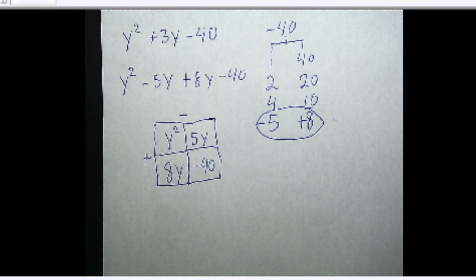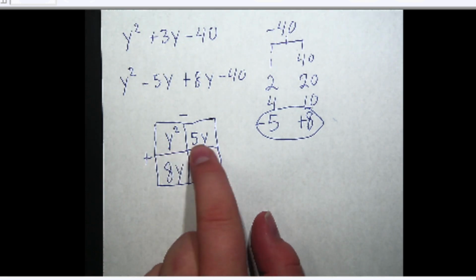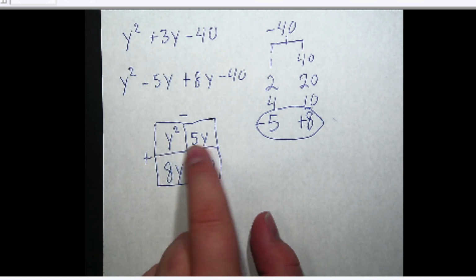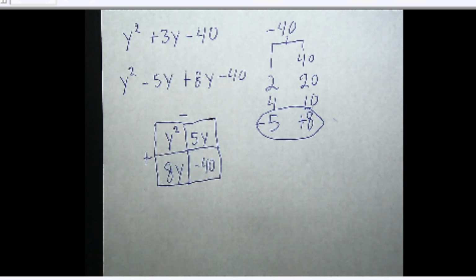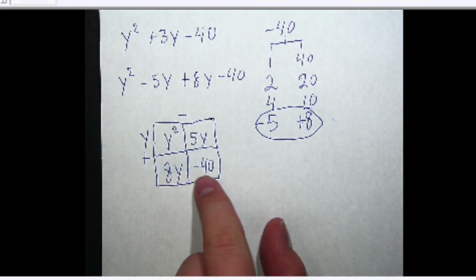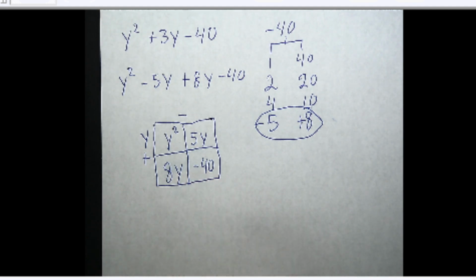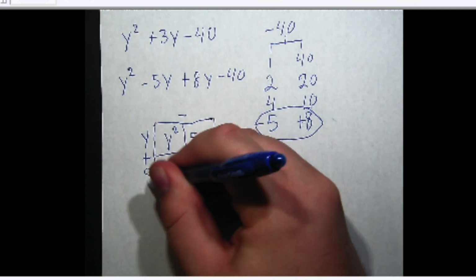Now that we've gotten everything filled in, we can go ahead and factor. So, this row right here, what is their common factor? Y. They can both be divided by y. How about this row? 8? Yep.